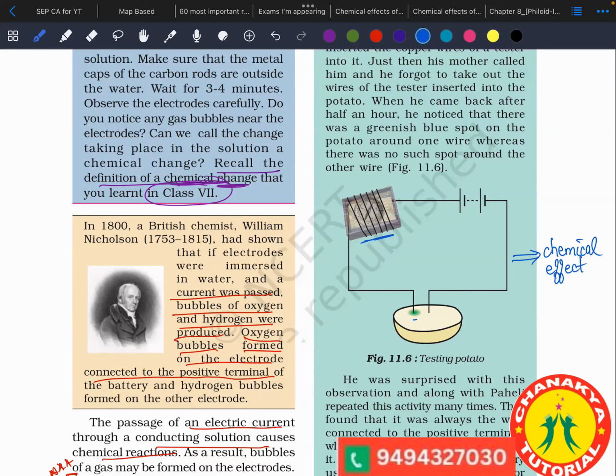But why does that not happen on the other terminal? So basically, see, the current is coming out of the positive terminal. Do you agree with it? Yes, sir. So when the current comes out of the positive terminal and enters at this point, the current is entering from here.